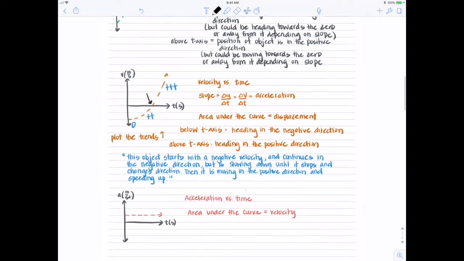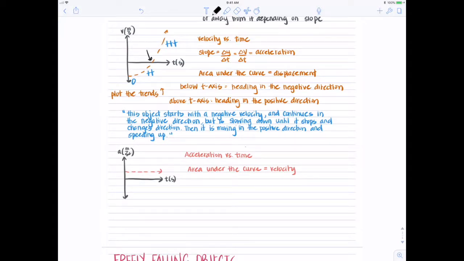Okay, so then we saw acceleration versus time graphs, and we haven't seen anything other than linear acceleration graphs. So remember that the area under the curve of the acceleration graph is equal to velocity. And the way that you would plot your points on the acceleration graph is by plotting the slope on the velocity graph. So if you look at the velocity graph, I've written in blue the trend of the slope.